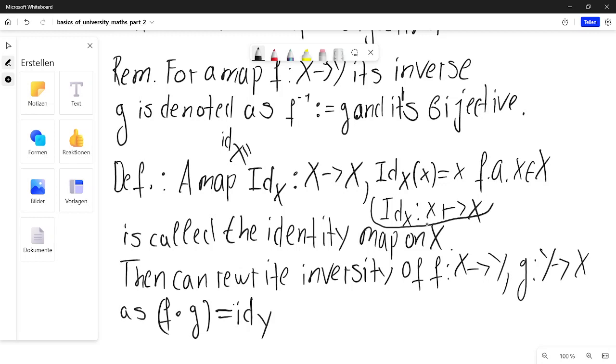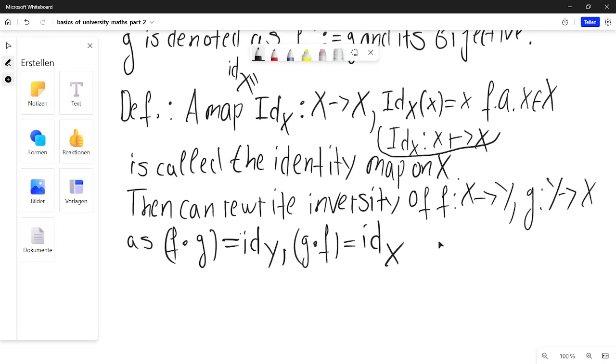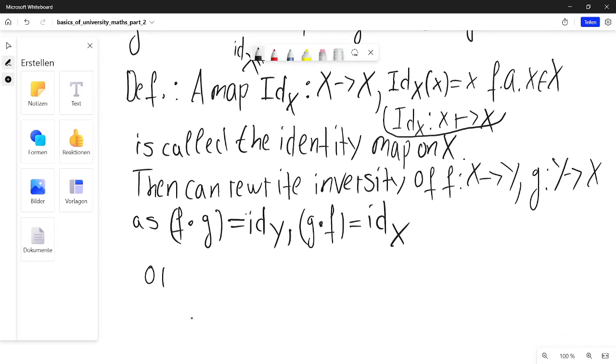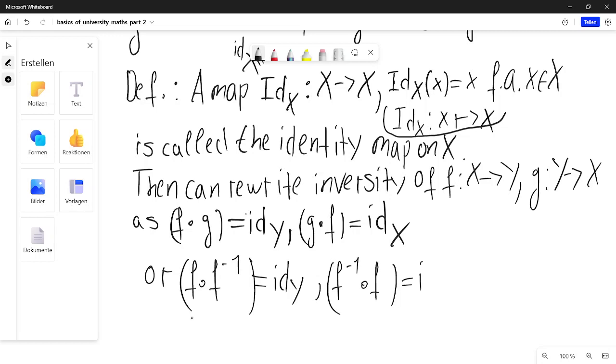It's one time like that, one time like that, it doesn't matter. Only structures matter. So you see that the relationship above is exactly that, right? Identity on X, or well, like we introduced just now, f minus 1 is our g, and hence identity on X.